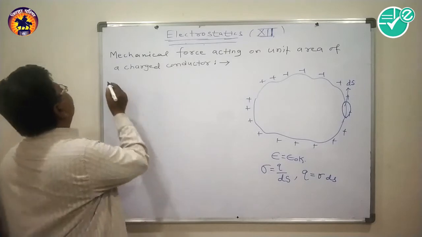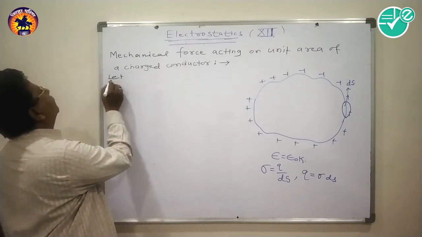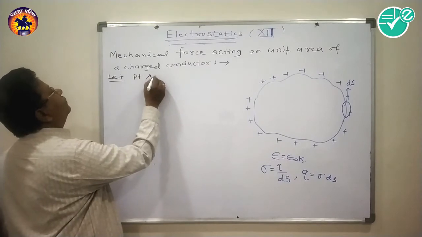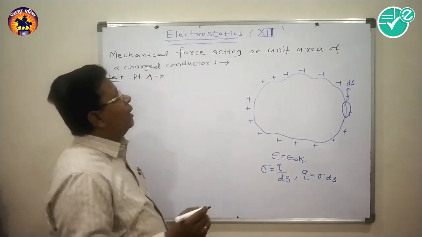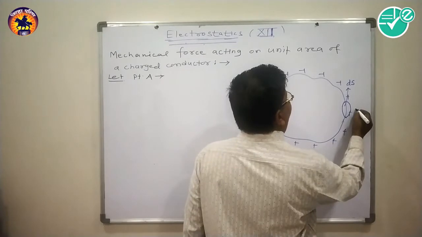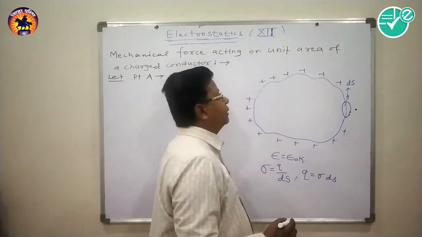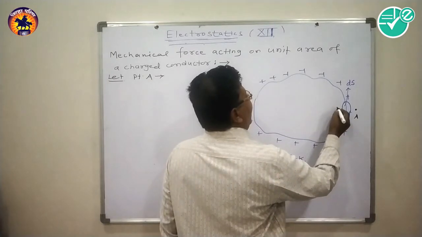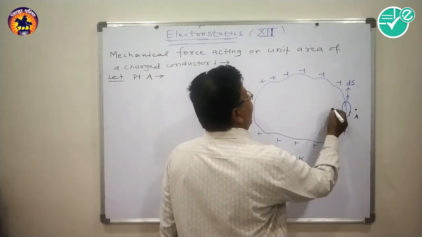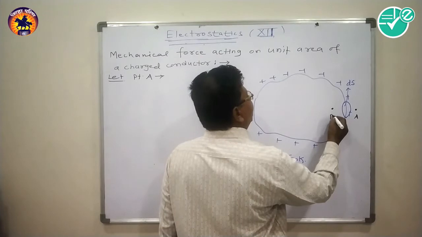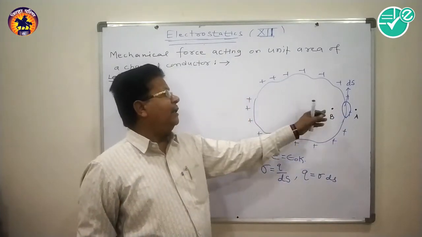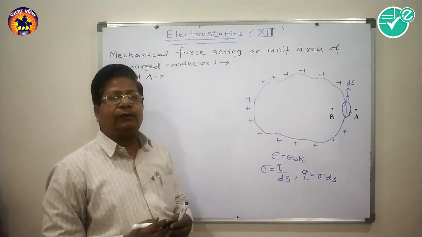Let point A be outside this charged conductor and near it, and point B be inside and near to this charged conductor.